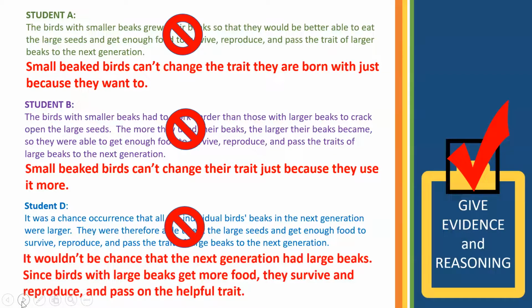And student C had the misconception that the population change was all due to chance. That's not true either. Since large-beaked birds got more food, they survived and reproduced more often, passing on this helpful trait to their future offspring. Take a moment to add these justifications to your journal slip for each student. You can pause this screencast now to do so.